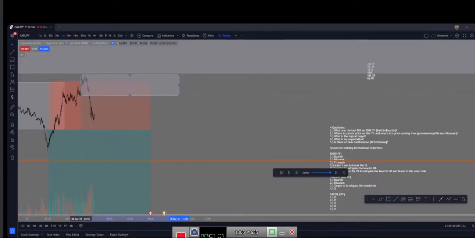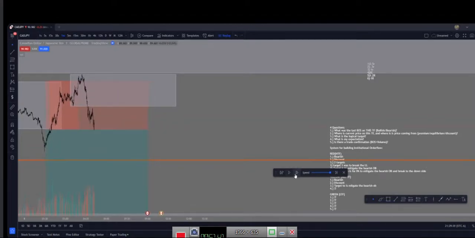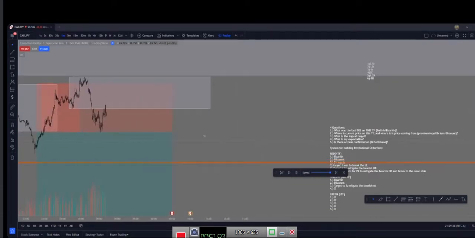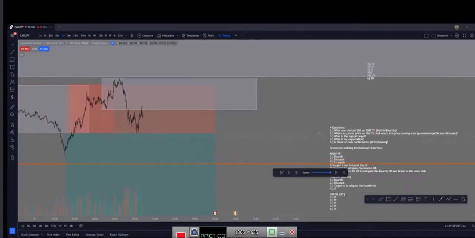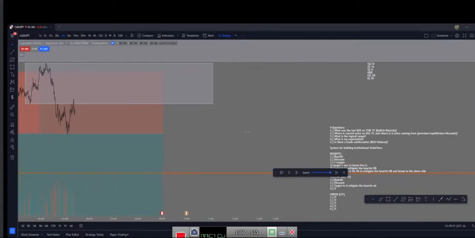You may be good with doing a sell limit, or just look for a confirmation, with a retrace back up to the premium. Oh, it broke structure again. Okay, zoom in a bit. And it's high volume.